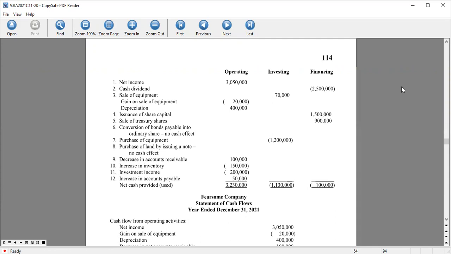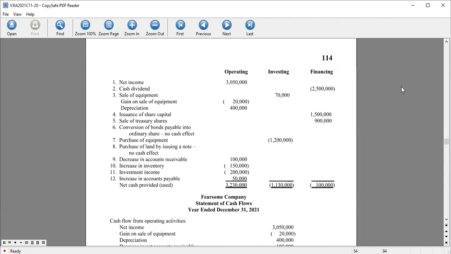Issuance of share capital is under financing activity, sale of treasury shares is another financing activity, and conversion of bonds payable into ordinary shares has no cash effect. Now, actually, you can have this in your notes at the bottom. Purchase of equipment is investing.